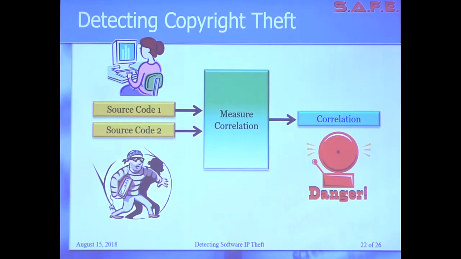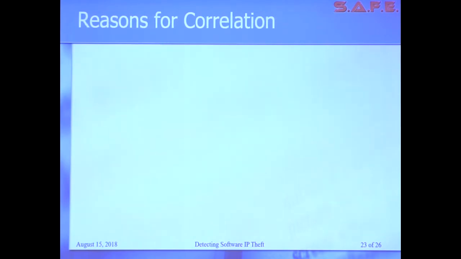But now here's the other thing that's really missing from the plagiarism detection tools, and that is that there are a whole bunch of reasons that code can be correlated and not be copied. This is really critical.